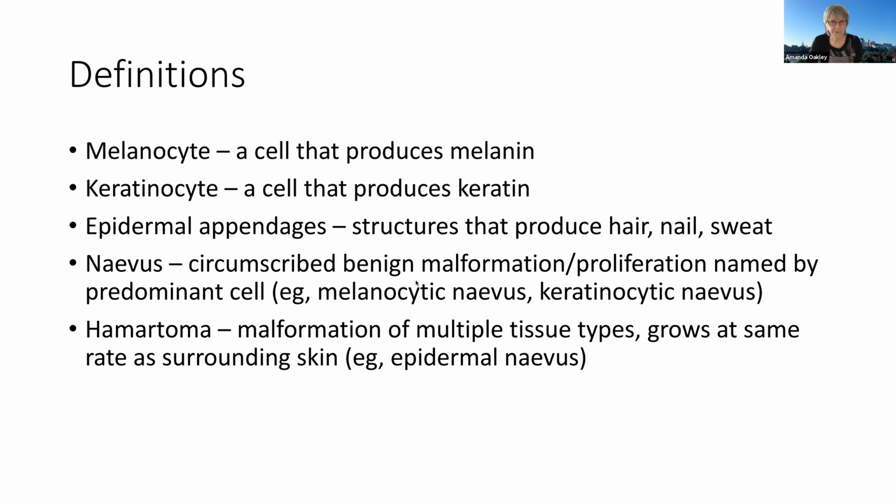Hamartomas are malformations of multiple tissue types. And that's a bit confusing because we often talk about melanocytic nevi that have hairs in them. Well, that means that they have to be epidermal in origin as well as melanocytic in origin. So there's a little bit of confusion in terminology and anatomy.